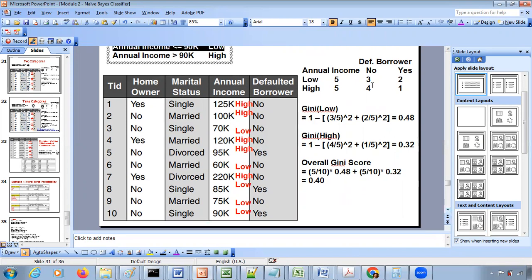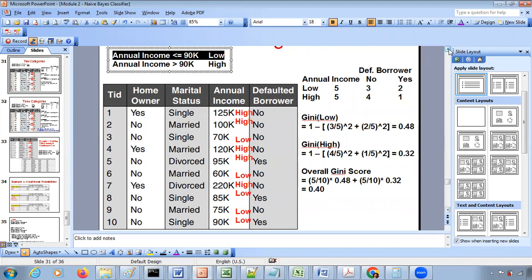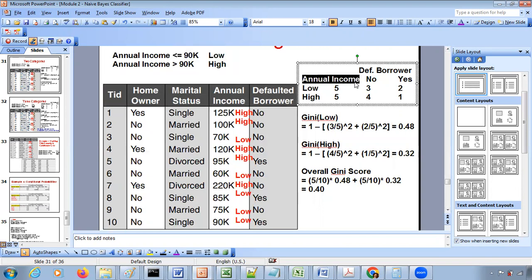Now if you compute the Gini impurity index for this feature with annual income as a feature with values low and high, we have 5 low records and 5 high records.